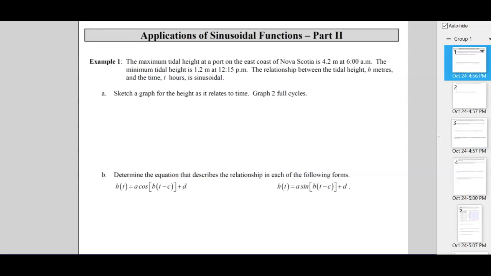So this kind of makes sense to me in terms of that tidal height. So they're measuring it at a port, right? Where there's like the dock. So they can measure when it's at that 4.2 meters or when it's lower, okay, based on that. It comes in and out about twice a day. Okay.